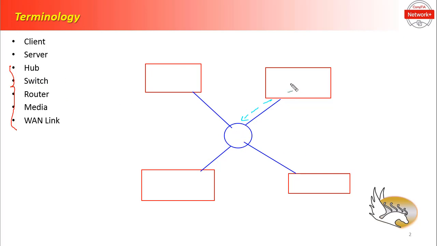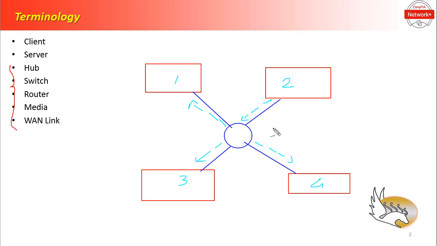So if computer 2 sends some information, then hub is going to send this information to computer 1, computer 3, and computer 4, or even maybe reflects it back to the link that is connected to computer 2. This is based on the type of hub that you have. Now, hub has some other meanings as well.